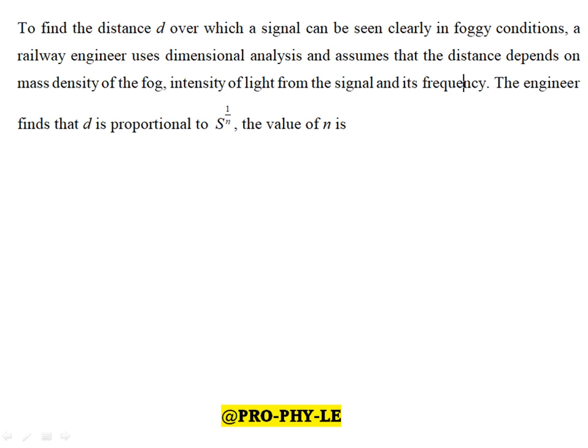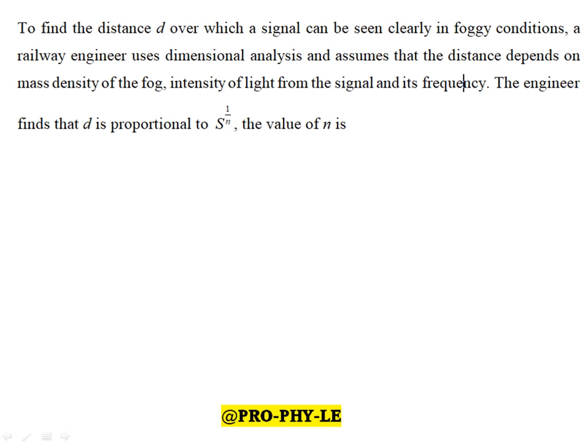So the next question will be like this. To find the distance over which a signal can be seen clearly in foggy conditions, a railway engineer uses dimensional analysis and assumes that the distance depends on mass density of the fog, intensity of light from the signal and its frequency. The engineer finds that D is proportional to S power of 1 by N, where S is known as intensity.